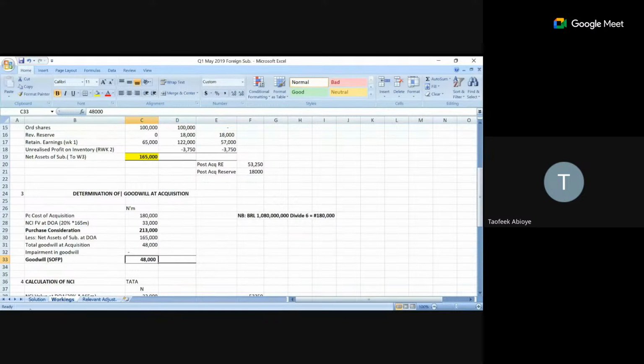That is another twist to foreign subsidiary. When you are taking your goodwill, it should be the goodwill that was translated as at DOC. So please, let's take notes.